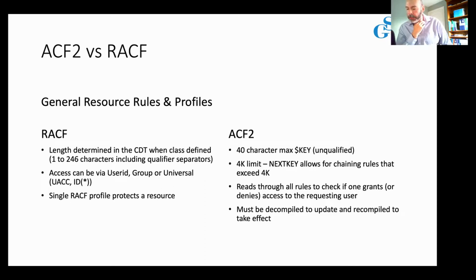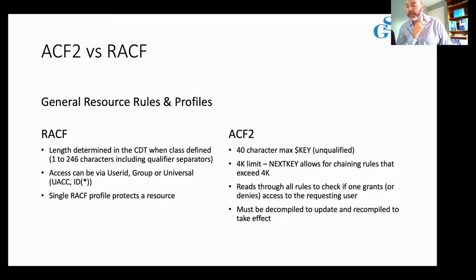ACF2 has a 40-character max key unqualified, which means A, B, C, D would be an unqualified key, and a 256-character max key if qualified. So abc.def.g would be a qualified rule key.